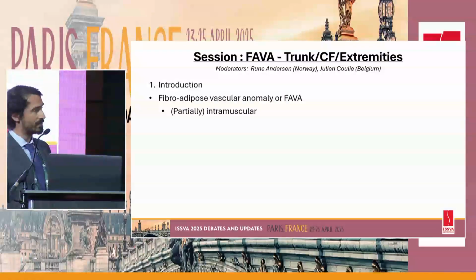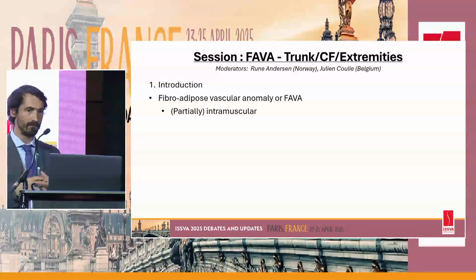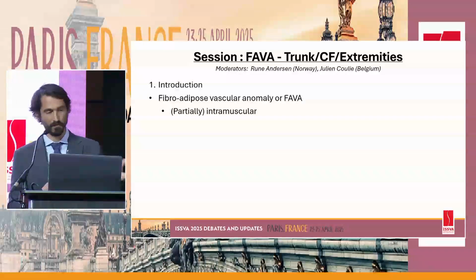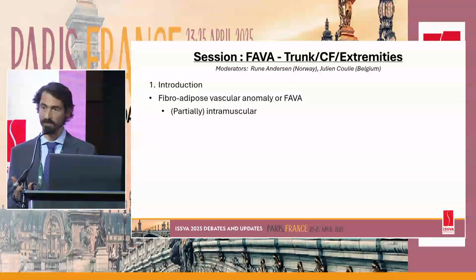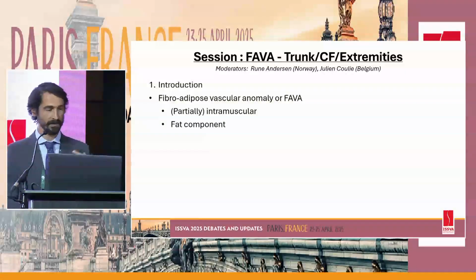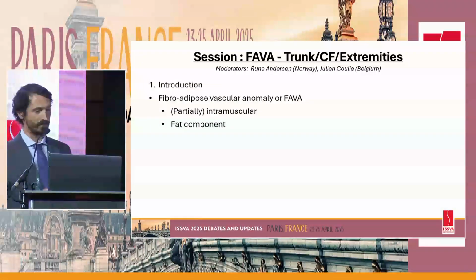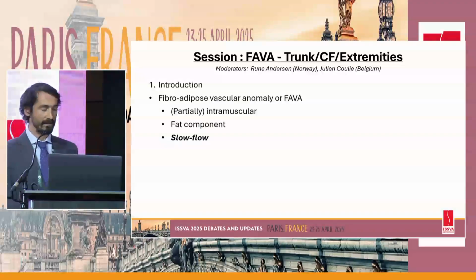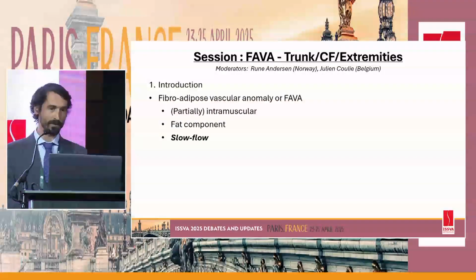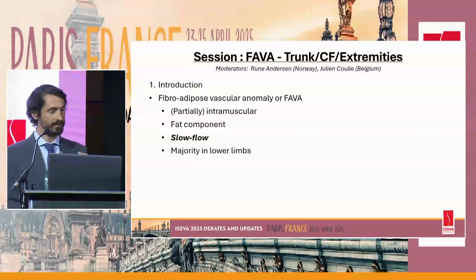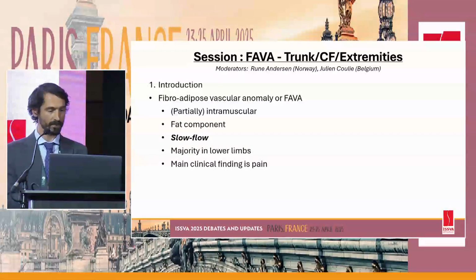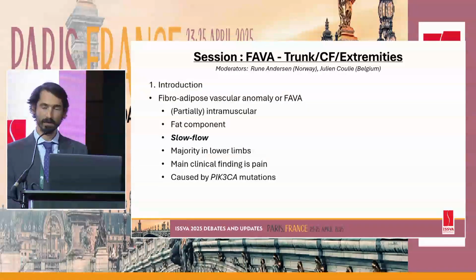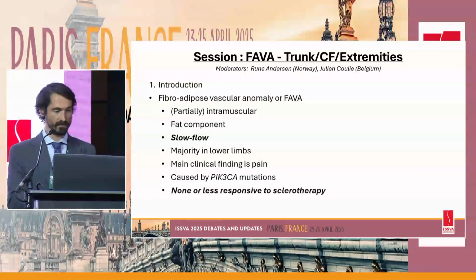Most authors actually agree on a couple of points concerning Fava. They agree that this lesion has to be at least partially intramuscular, and that it has to have some kind of fat compartment. It should be a slow flow lesion, but we'll come back to that during the presentations. Those lesions mostly present in the lower limbs, the main clinical finding is pain, and they seem to be caused by PIK3CA mutations.